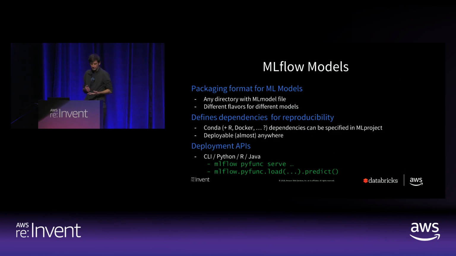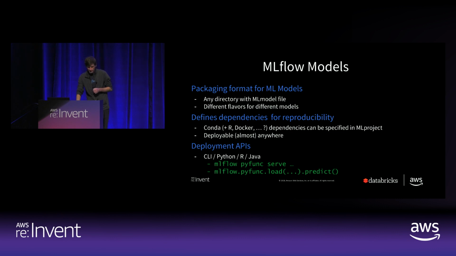Right, so let's take a closer look at what MLflow models look like. It is a packaging format for MLflow models. The format is similar to the projects. It's a directory structure with some model-specific data and some code, and it contains this ML model file, which includes configuration for the model.